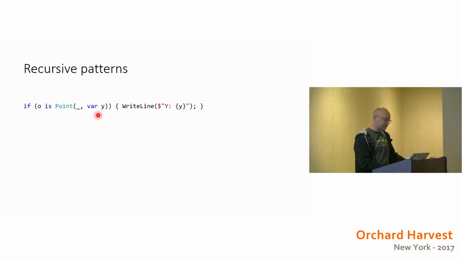So here we are taking the second coordinate of that point, and we're assigning it to the variable y. What about the first coordinate? Well, what this underscore is saying is we don't care. We are not going to use that piece of the data, so we're just throwing it away. So what this is saying is if O is a point, then take the second coordinate and write it out. Make sense?